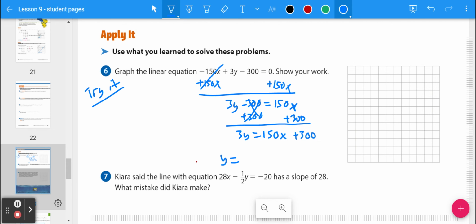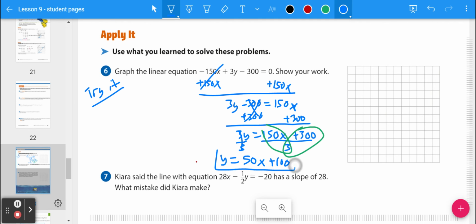Those two can't combine. There's one more step I need to do to get the y by itself, and that would be dividing by 3. So y is all by itself, and I have to divide everything on this side by 3. If I divide 150 by 3, and then 300 by 3, they both need to be divided by 3. 150 divided by 3 is 50, and 300 divided by 3 is 100.